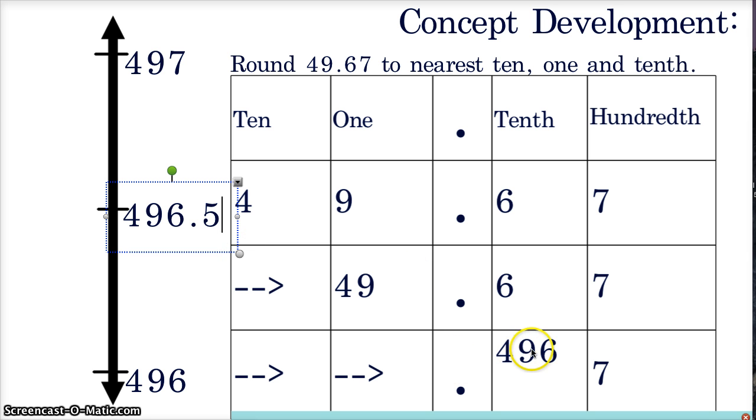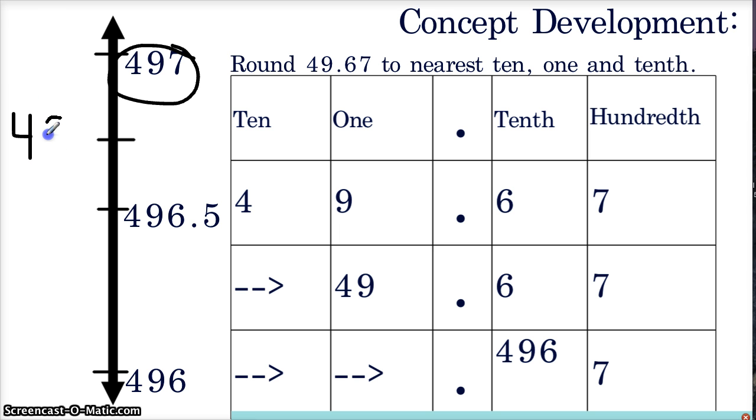So now let's look, 496.7. Now look at these numbers, 496.5. So 496.7 would be somewhere around there. So here we go. That means that it's going to round up to 497. Remember that 497 is tenths, so 497 tenths actually equals 49.7, or 49 and 7 tenths. So there's my number that I'm going to be rounding to.